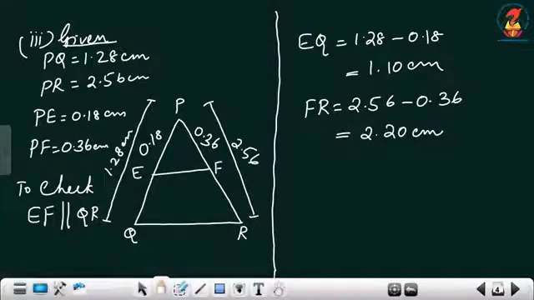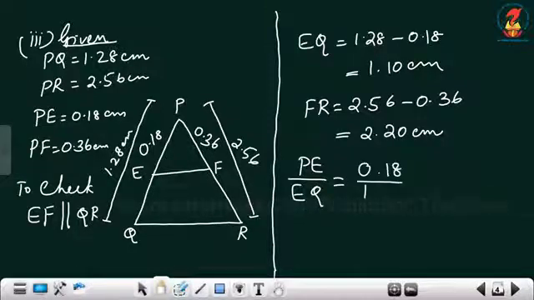Then what you have to check is whether EF is parallel to QR. So we have to apply converse of BPT. For that we have to check whether the sides are in proportion. So what we need is PE by EQ. PE is 0.18 divided by 1.10, which is equal to 9 by 55.